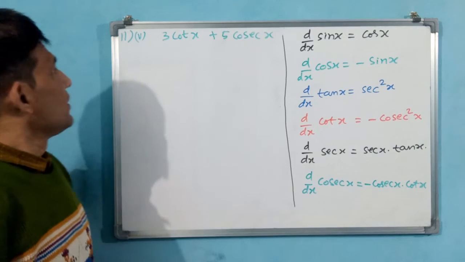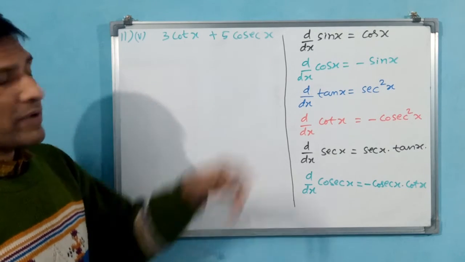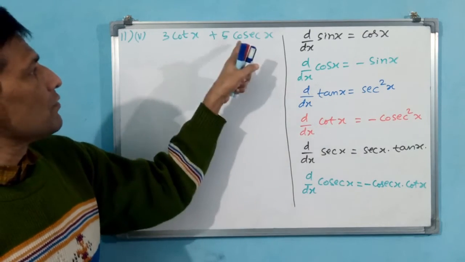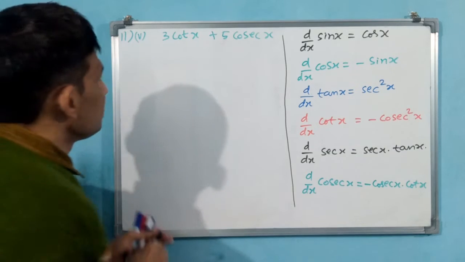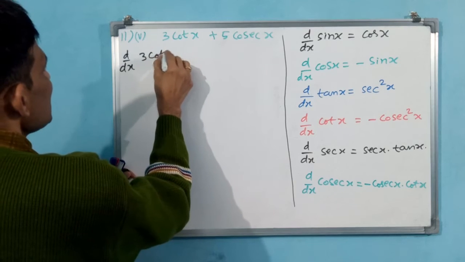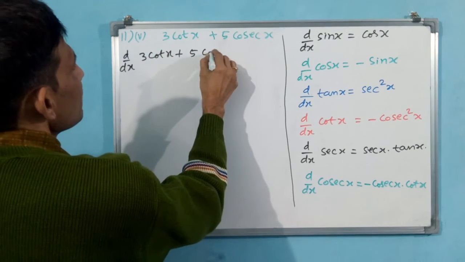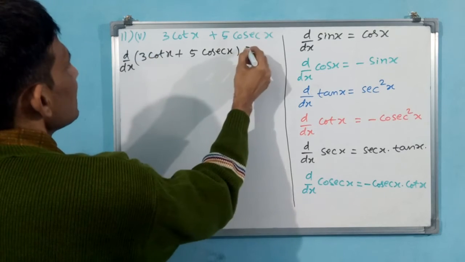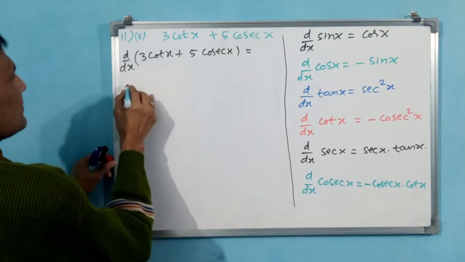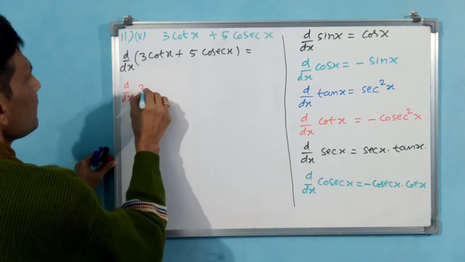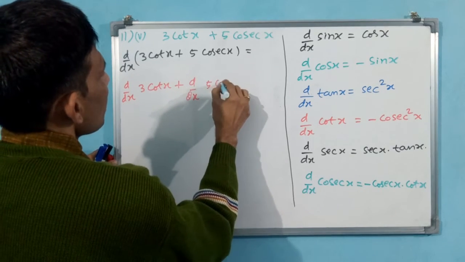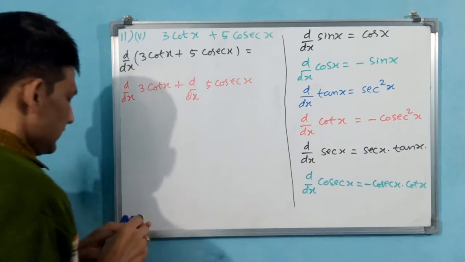See, d by dx of 3 cot x plus 5 cosecant x. This derivative we have to find. We can find it because the cot x also we are having, cosecant x also we are having. Okay, let us do it: d by dx of 3 cot x plus d by dx of 5 cosecant x.